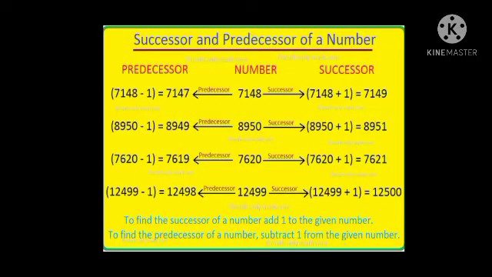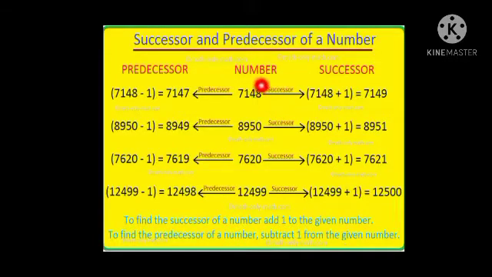See, here the successor and predecessor of a number is given. 7148. To find the predecessor of 7148, you have to subtract 1 from the given number. Therefore, the predecessor of 7148 is 7147. And to find the successor, what do you have to do?